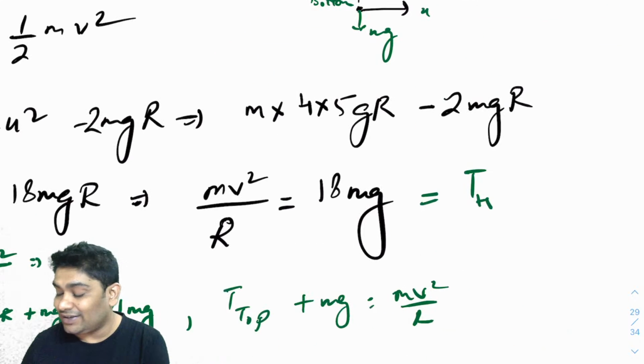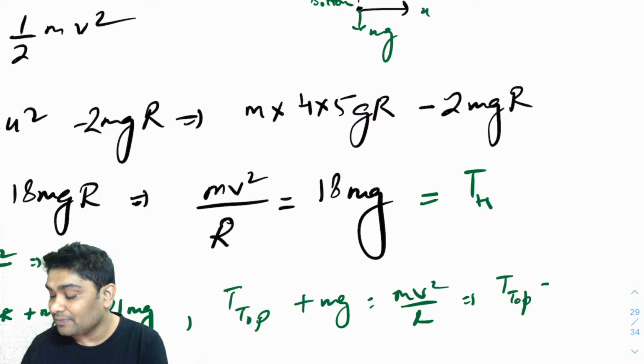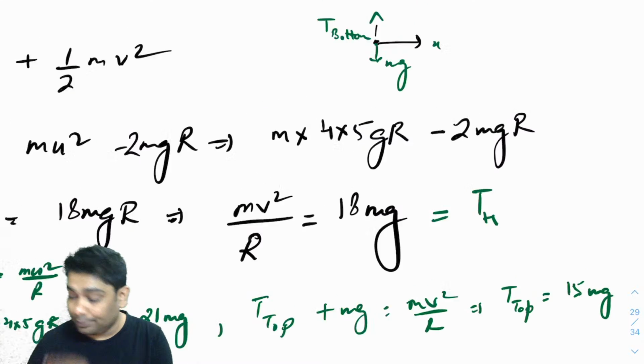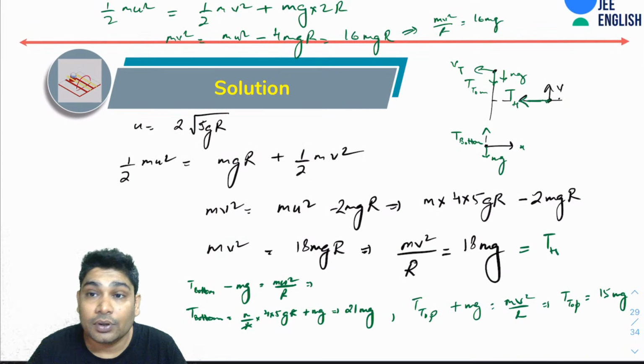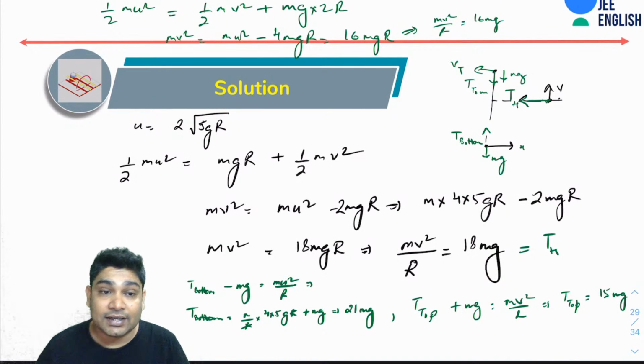So what you were saying, Pawan, is probably the tension at top. Tension at top is 15 mg. You are right about that. But that is the tension at the top. What had been asked in the question was tension at the horizontal. Okay.